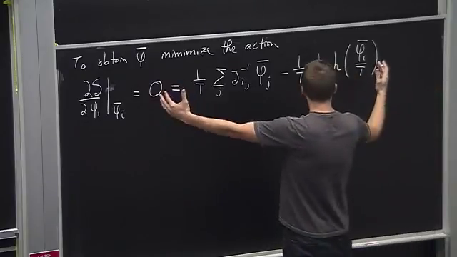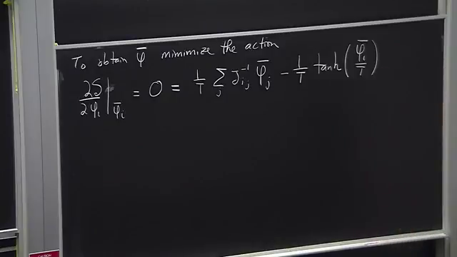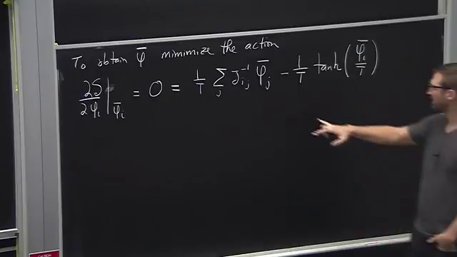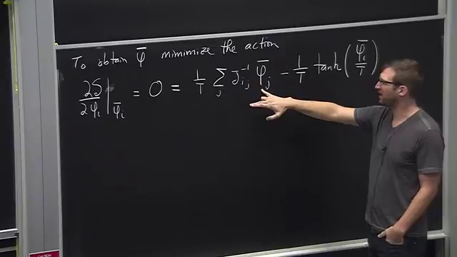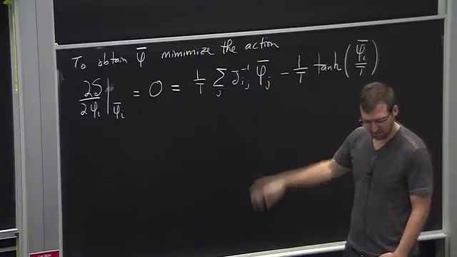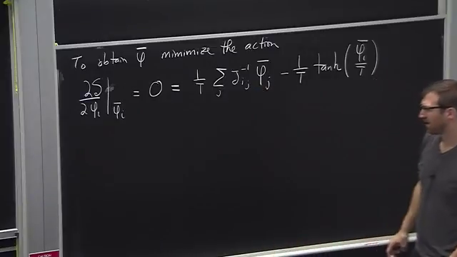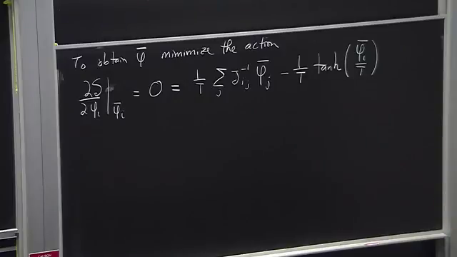So I just have this, which looks familiar. In order to pull out, say, phi i or phi j bar, I need to just matrix multiply by J.